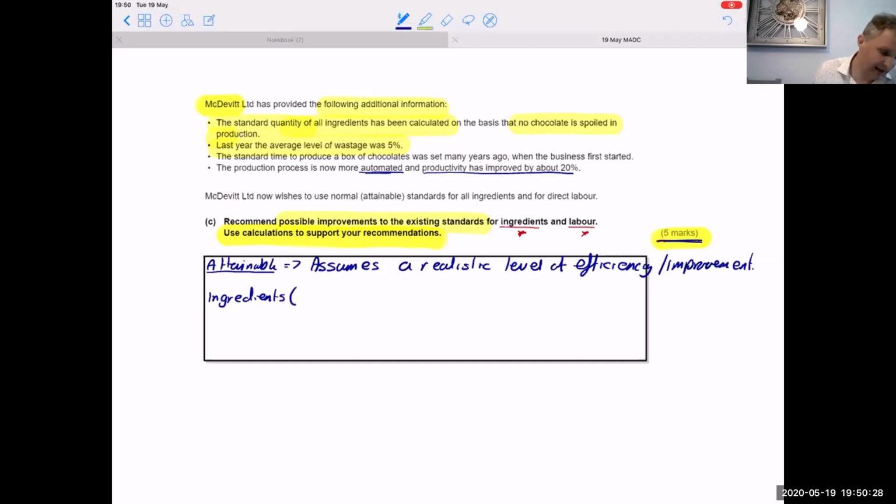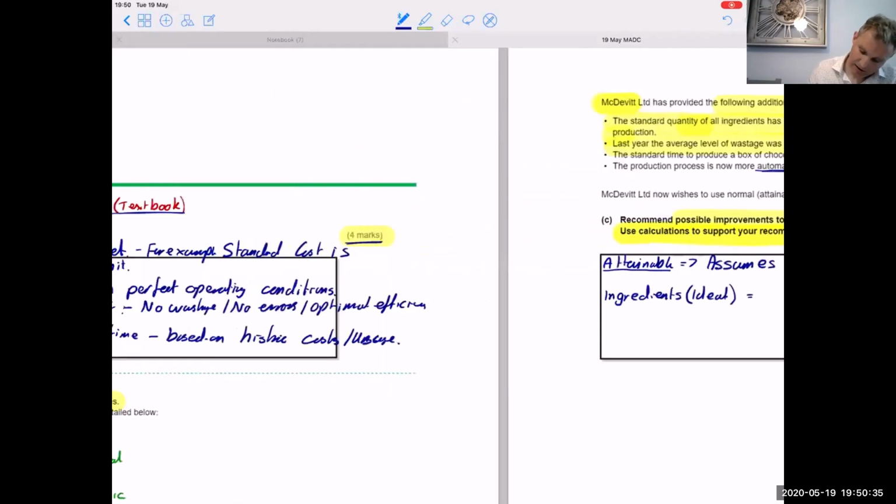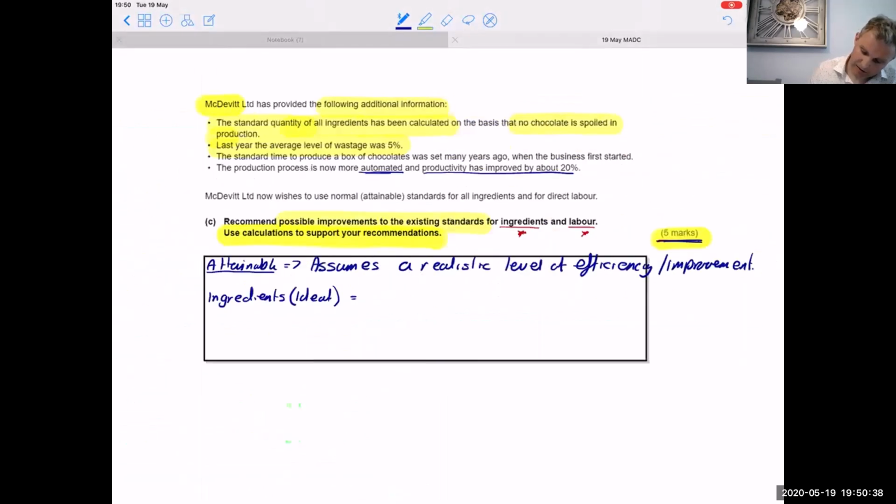Currently, ingredients are set at the ideal level, and the ingredient cost is £2. If we were setting this at an attainable level, we need to factor in that 5% wastage.